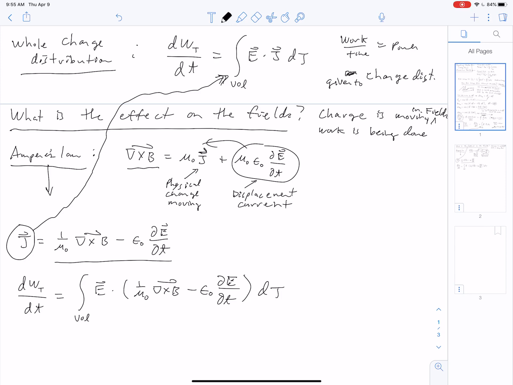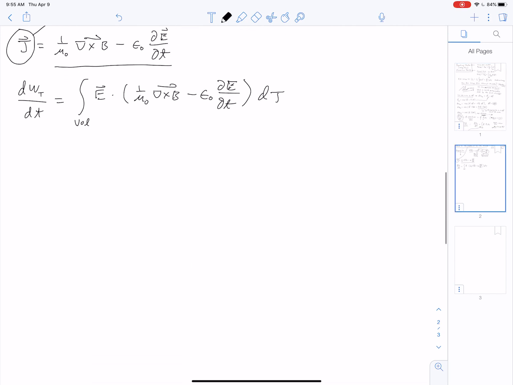So this is another way of writing the power, the work per time, acting on the charge density. And what I want to do now is get rid of this.